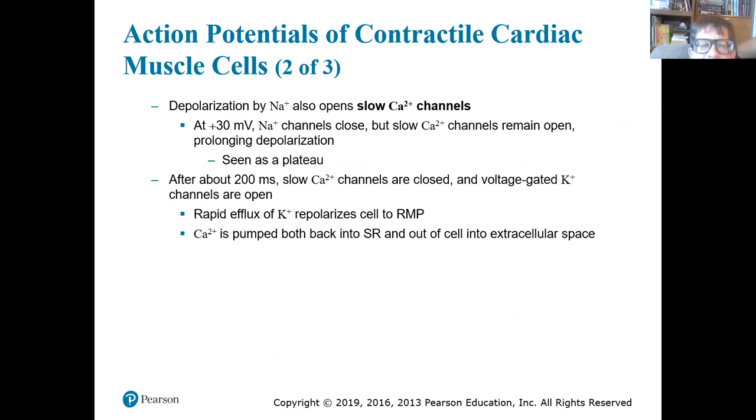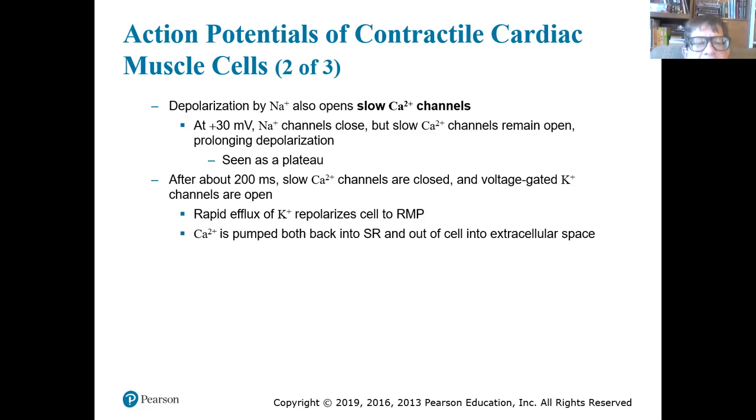So we need the sodium. So we need the potassium. And after those potassium channels, why did I say potassium? We need the calcium. Duh. So sodium channels close. Remember, they open for the rising phase of the action potential. Well, the calcium ones open too, but they take longer to close. So sodium opens, sodium closes, calcium closes.